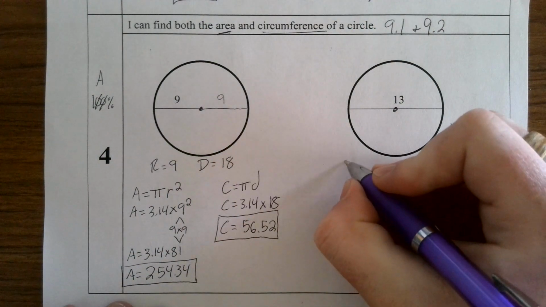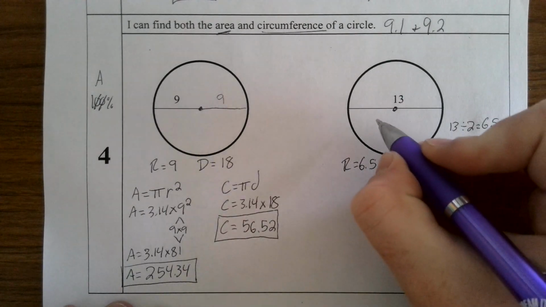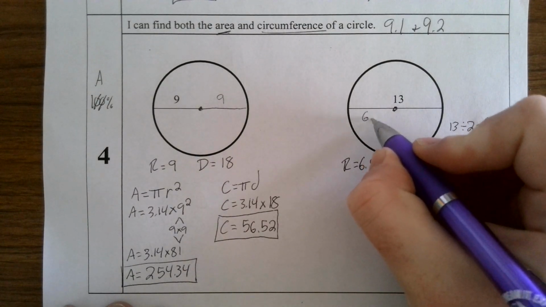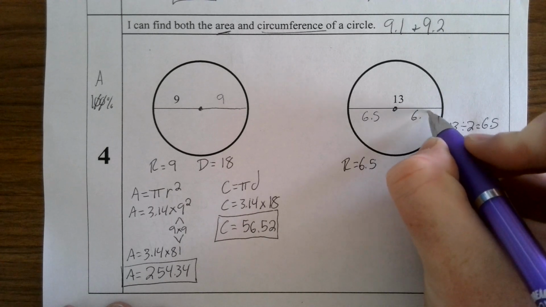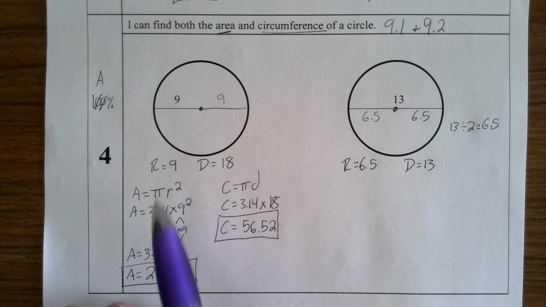So our radius is 6.5. Means our diameter is made up of this 6.5 plus this 6.5, which gives us a grand total of 13. Now we're going to do the same math we just did.